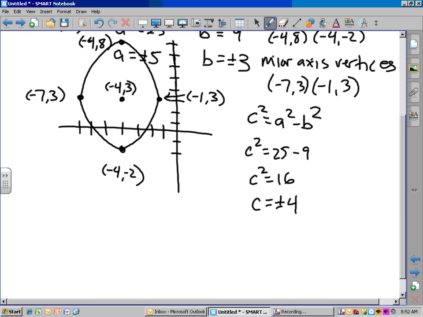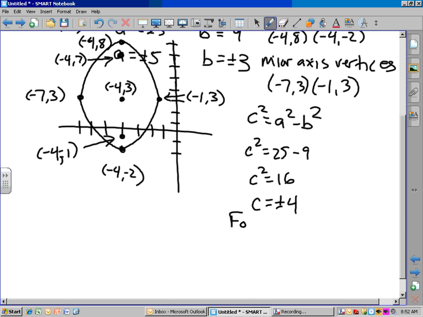Up, down, left, right. Up and down. So I'm going to add and subtract 4 to the center. So up would be what? Right on that A. Negative 4, 7. And down? That's correct. Negative 4, negative 1.